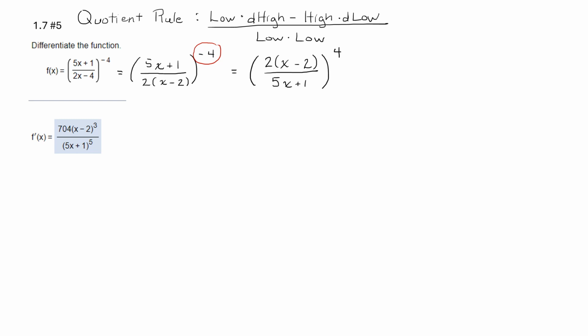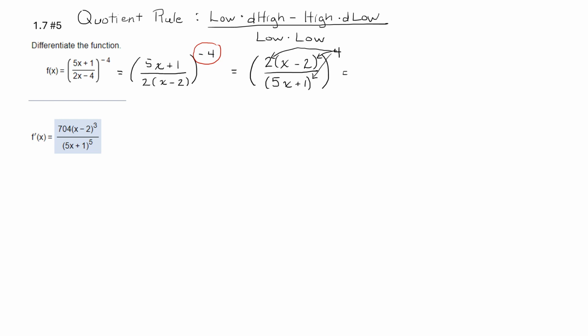Here's another exponent rule that we're going to use. A power on the outside will go to each individual factor. I'm going to put parentheses around this 5x plus 1 inside.